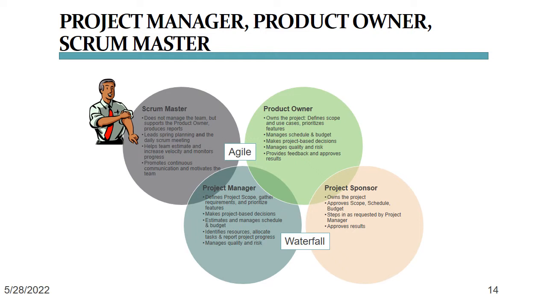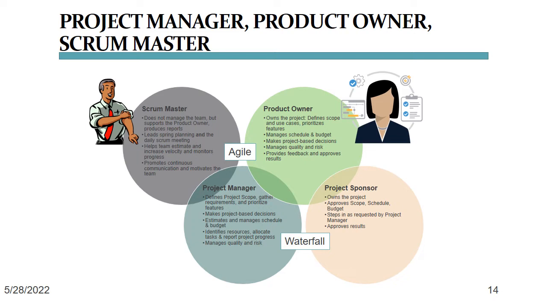The Scrum Master instead supports the product owner with a whole lot of administrative tasks, such as leading sprint planning, leading the Scrum meeting, that daily stand-up, making sure that all the progress is correctly reported, and specifically that the team stays motivated and stays on task. However, the Scrum Master has really no decision authority over anything inside the project. That decision authority falls to the product owner.